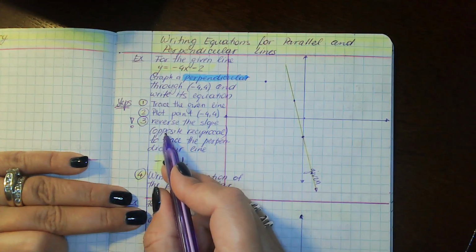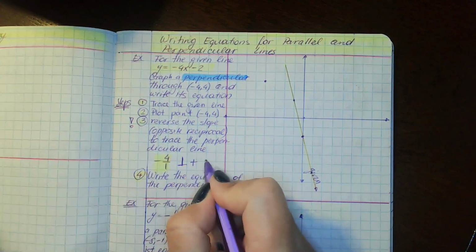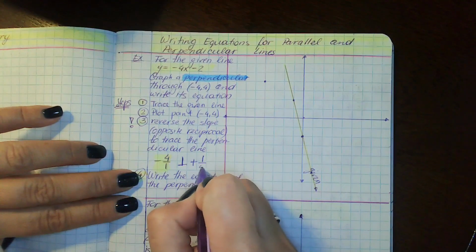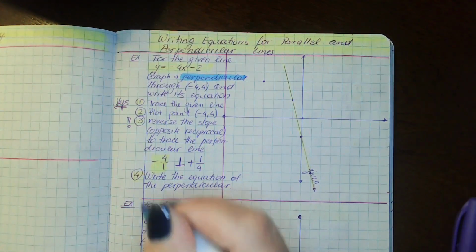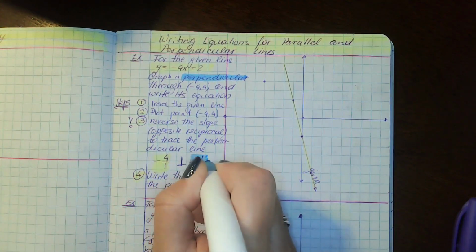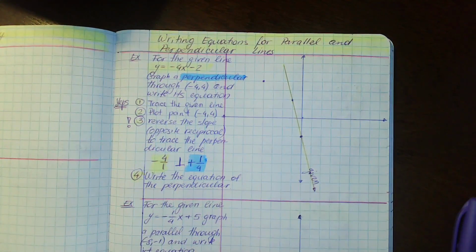The word itself, opposite, says it has to be positive, and then the reciprocal of the fraction. So you turn the fraction 4 over 1 upside down and create the opposite reciprocal slope, 1 over 4.